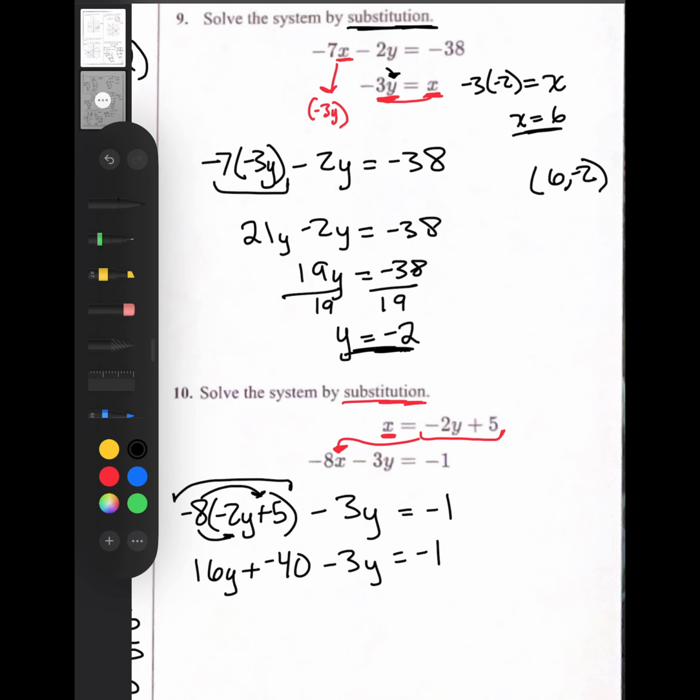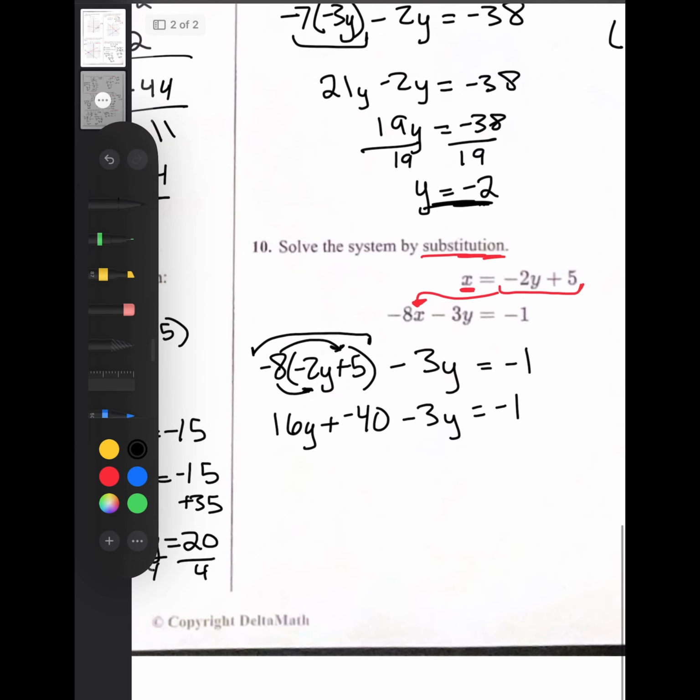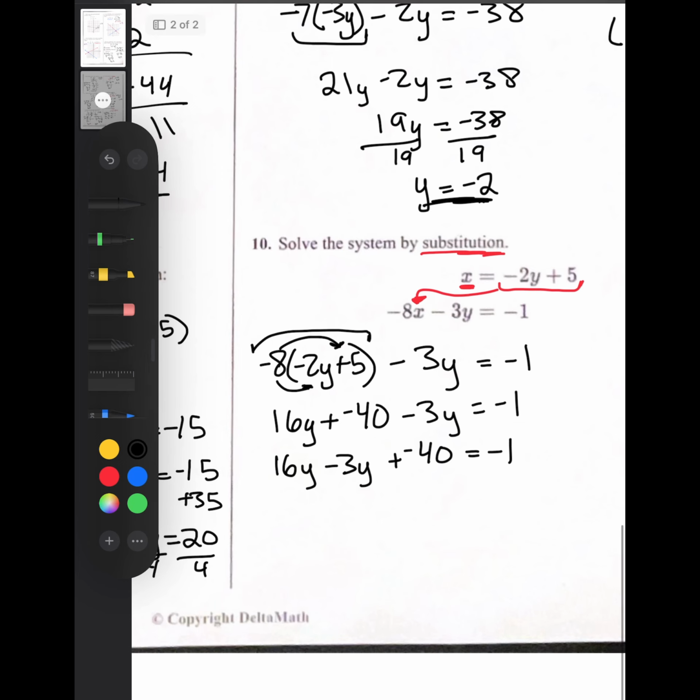Now, you can do this in your head, 16y minus 3y. I'm just going to write this step just in case so we can follow along. I'm going to get these next to each other so we can see what is really happening, in case someone wants to follow through there. But if you can do it in your head, do it in your head.